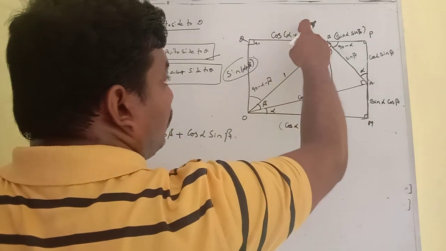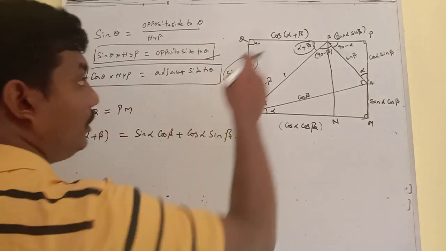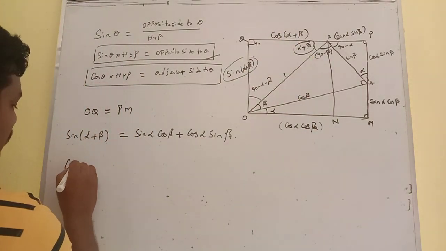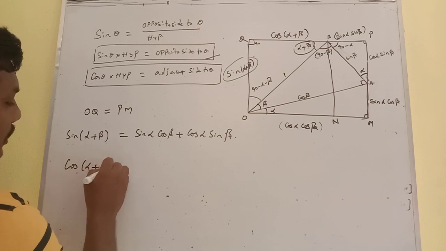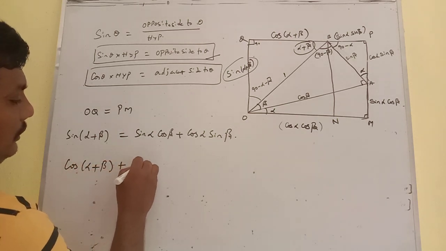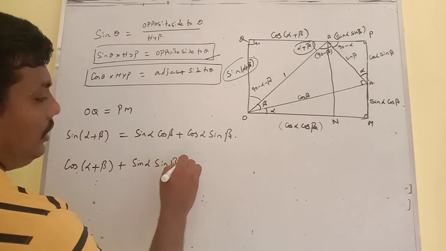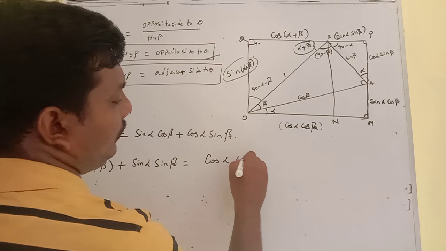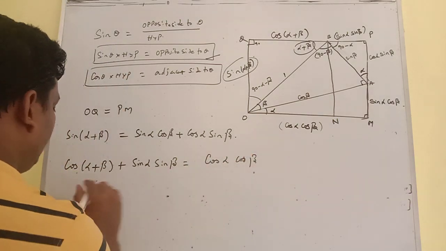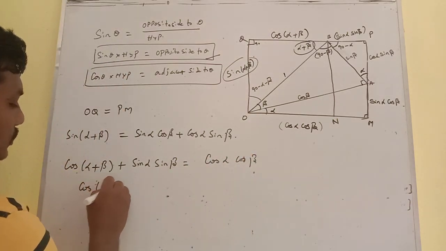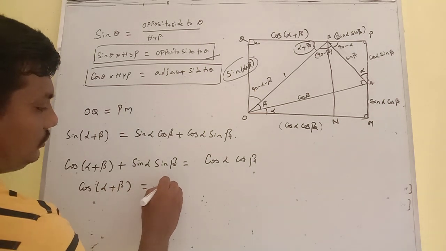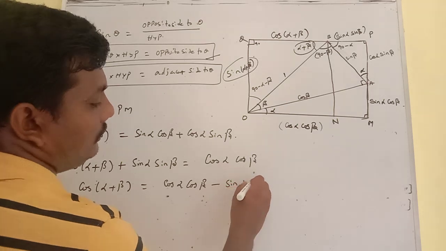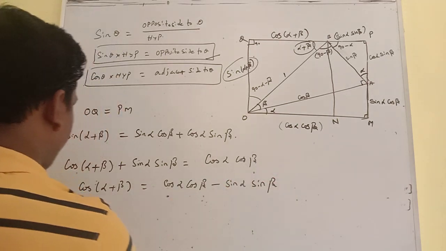Now what is cos alpha plus beta? We have cos alpha plus beta plus sin alpha sin beta is equal to the opposite side, cos alpha cos beta. Then take this value to that side, so cos alpha plus beta is equal to cos alpha cos beta minus sin alpha sin beta.